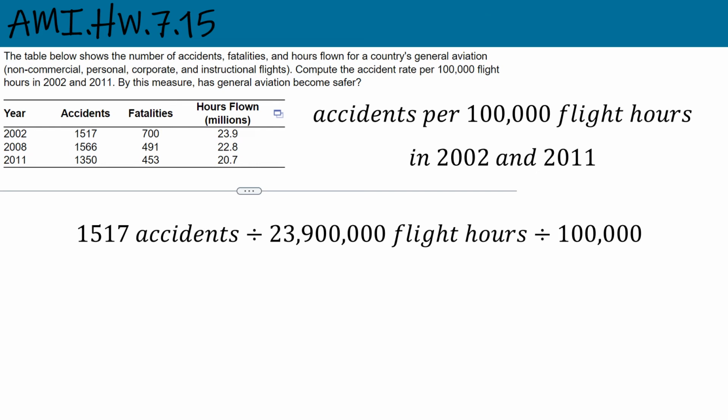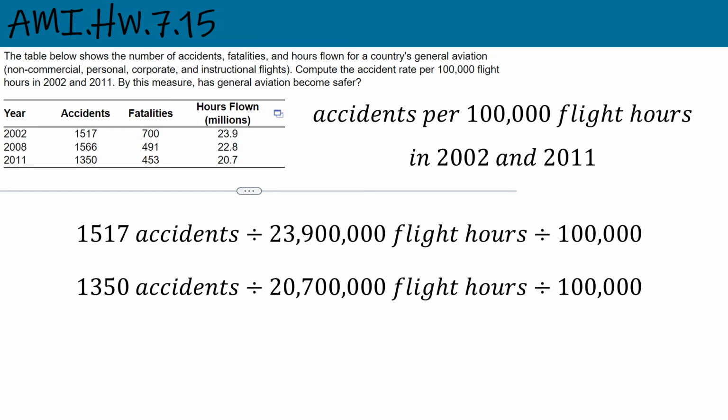So I'm going to take the 1,517 accidents, and whenever we say per, that means divide. So per 100,000 flight hours means I'm going to divide by 100,000, and I'm going to divide by flight hours. The flight hours in 2002 was 23.9 million. Be careful, don't just type in 23.9, because that's 23.9 million. The same thing is true for 2011.